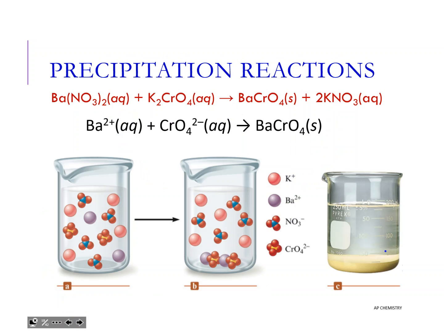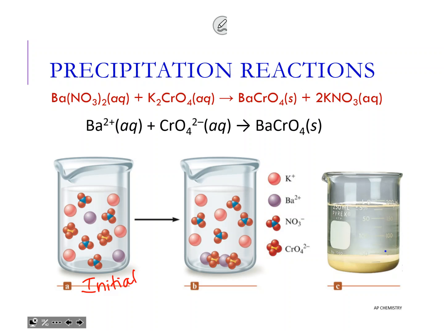This is another example, also showing the particulate model diagram, to help you start to get to know these a little bit better. This is barium nitrate and potassium chromate. The overall regular stoichiometric reaction is above in red here. And what you'll see here is the initial, before any reaction takes place, the initial dumping.